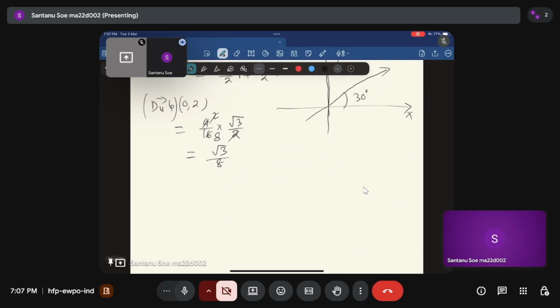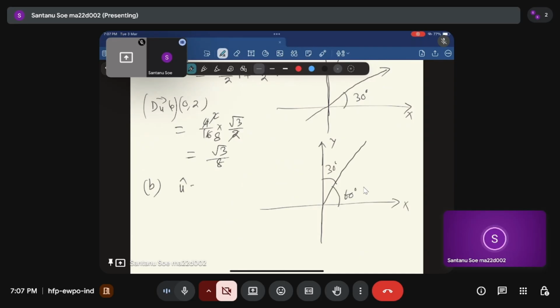Now again, they are saying that it's making an angle with the y-axis of 30°, correct? So this is our y, this is x. So this is like this. Now if this angle is 30°, this angle will be 60°, right?